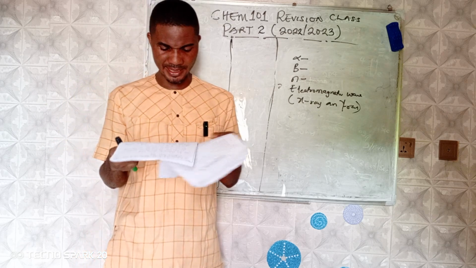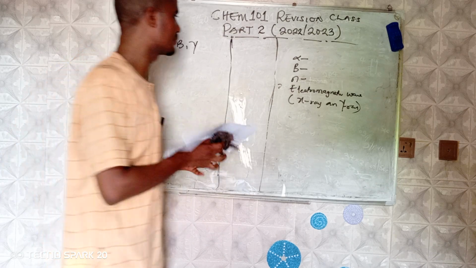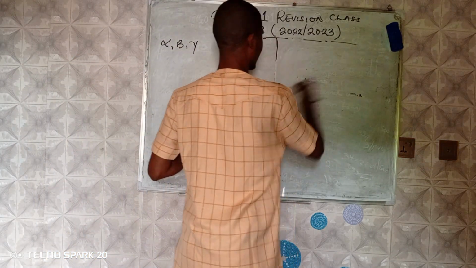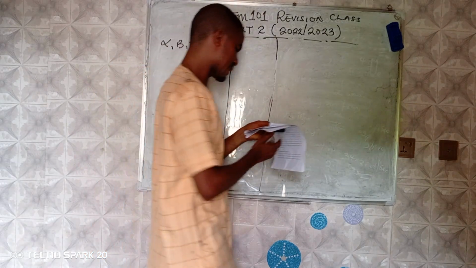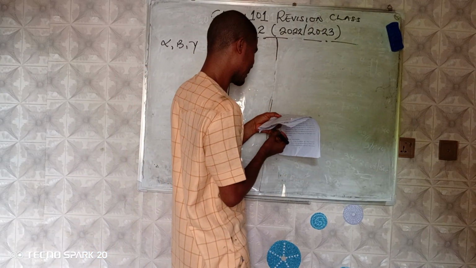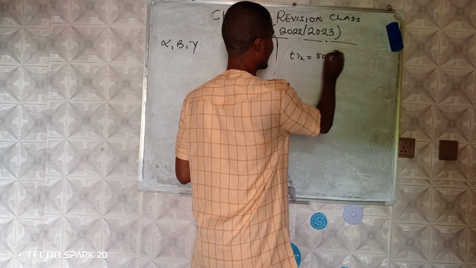Question 28 calls for calculation. A radioactive substance has a half-life of 80 days, so T half equals 80 days.